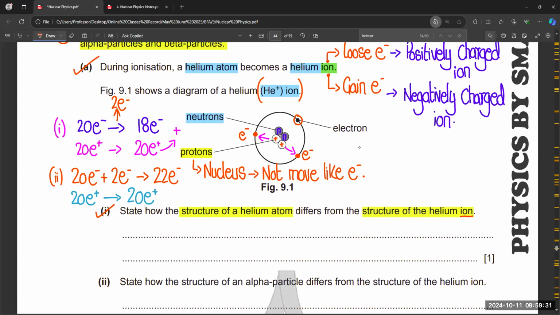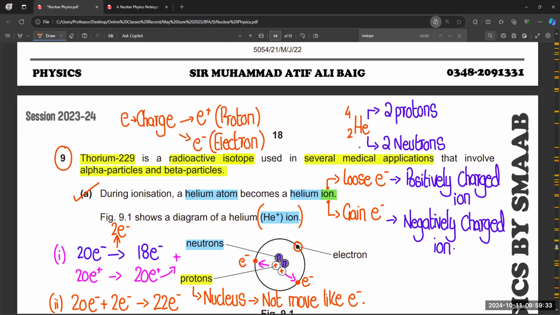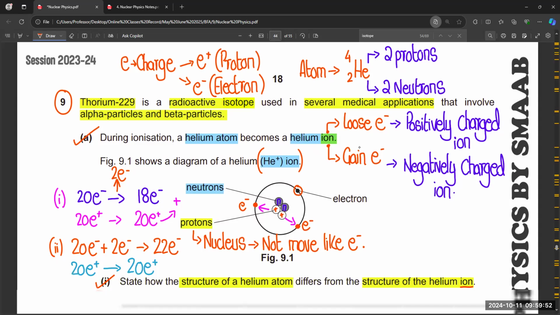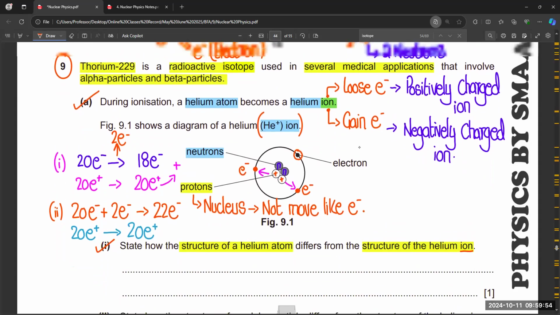In helium atom, as you already mentioned over here, this is the helium atom. There are two protons, two neutrons. You all know that in helium atom we have two protons, two neutrons. But if we talk about helium ion, you can see what is happening.